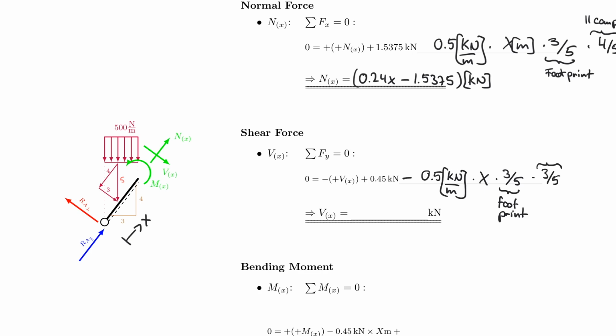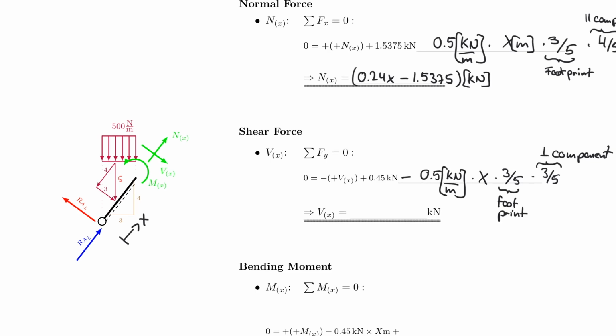So this is the perpendicular component. So very similar to before, except the other direction, so 90° to the normal force. If I solve this equation, it actually turns out to be negative 0.18x plus 0.45 kilonewton.